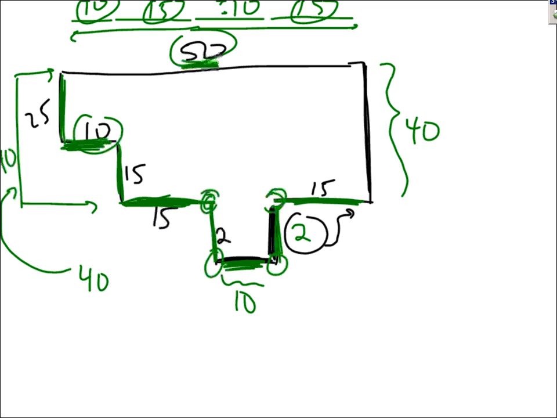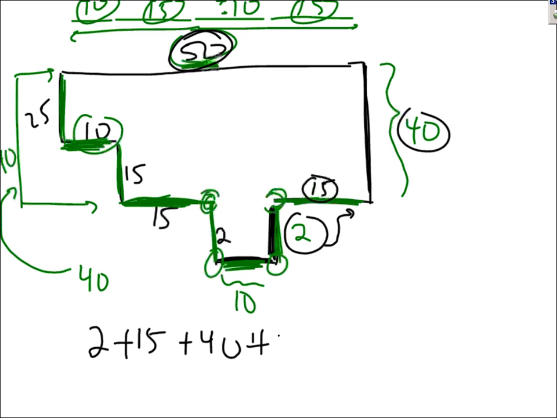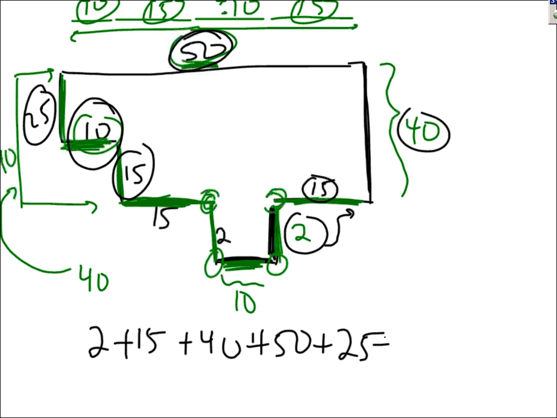That is, I'll go counterclockwise. 2, and then 15, and then 40, and then the 50. If I missed something, I'm sorry. Then the 25, and then the 10, and then the 15, the 10, and the 15, and then the 15, and the 2, 15, and 2, and then 10.